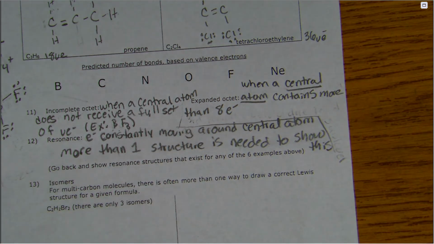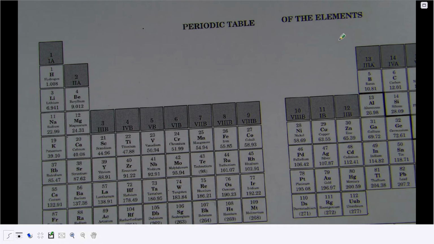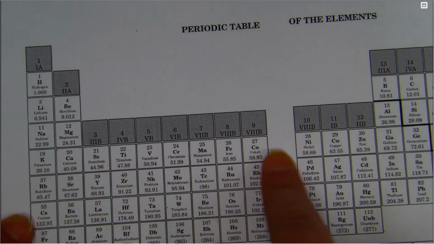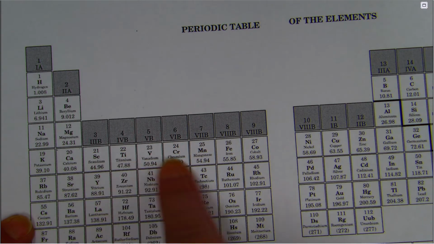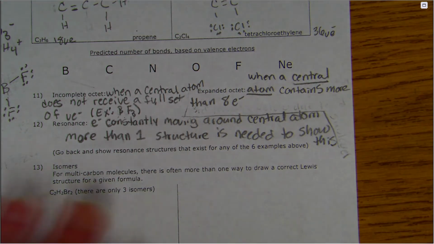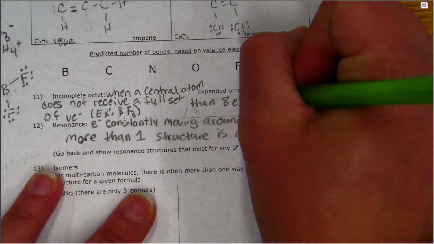All right, so the central atom contains more than 8 electrons, and this is going to happen on our third period and below, because we go from the 4s2 back down to the 3d, so we have a third energy level there, and this is what allows us to do expanded octets.